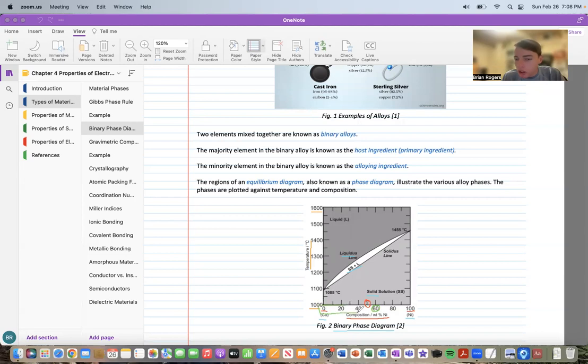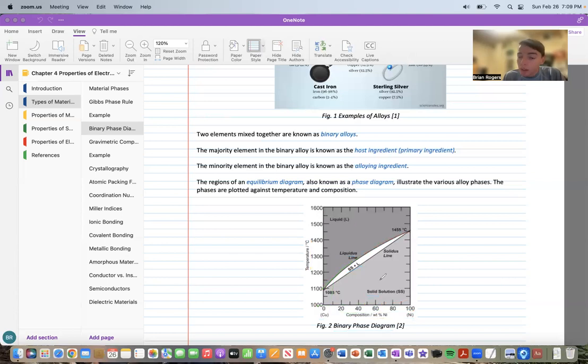We have more percentage of copper than nickel, so this mixture can turn into a liquid at lower temperatures. Notice this range right here at lower temperatures. But if you have more nickel, then that means we're on this side of the spectrum. If we have more nickel, it's going to require higher temperatures to turn it into a liquid because you have to go above this threshold. And so that's how the binary phase diagram works.